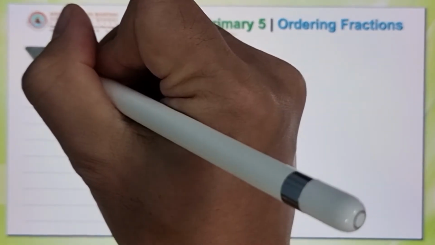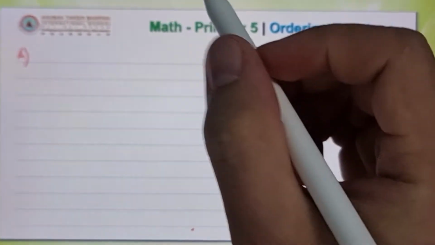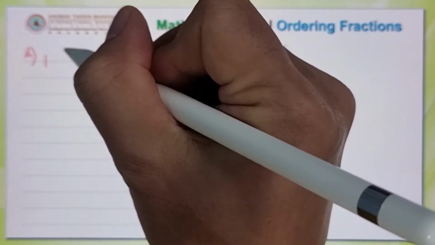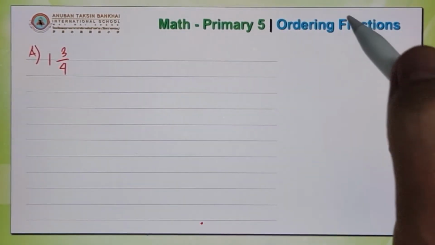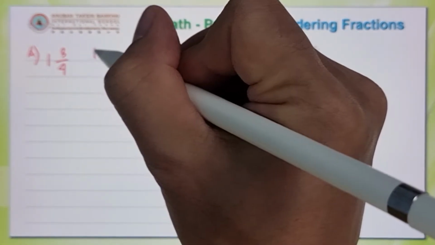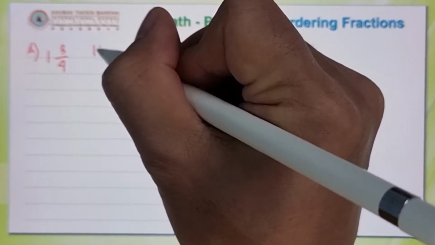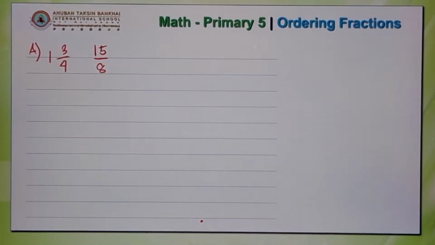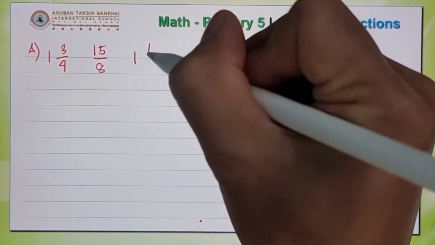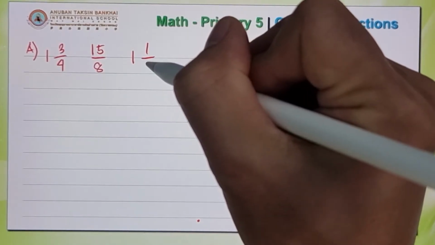So again, we have here letter A. We have 1 and 3 over 4. Next, we have 15 over 18. I'm sorry, 15 over 8. Next, we have 1 and 1 over 2.